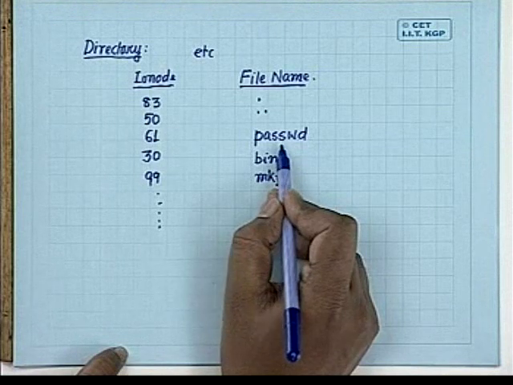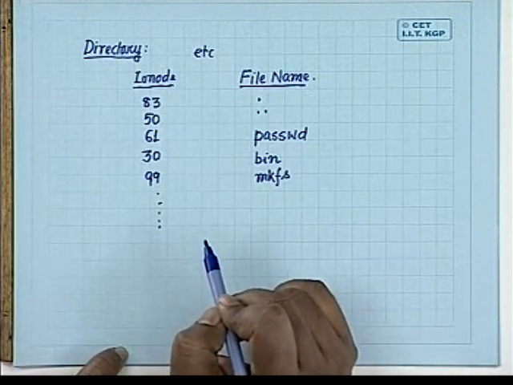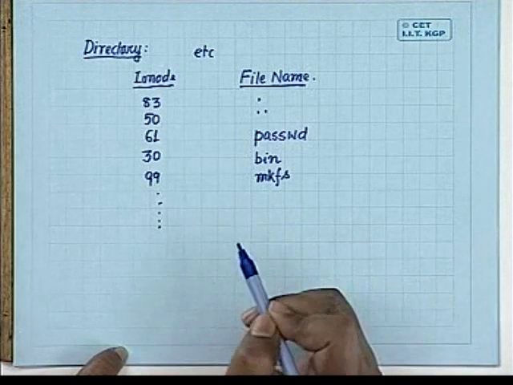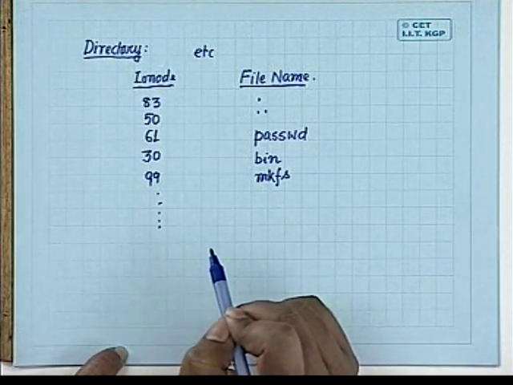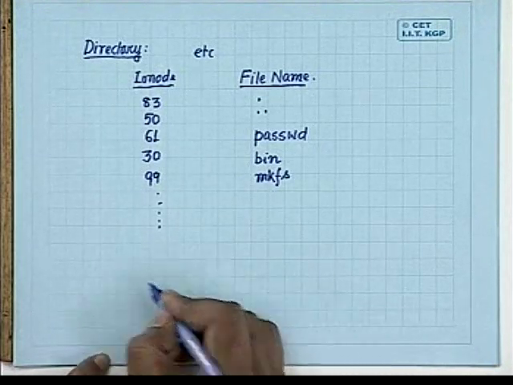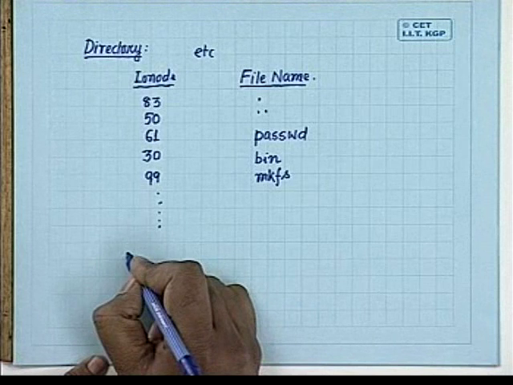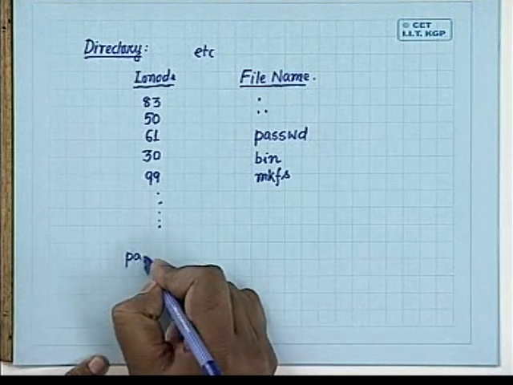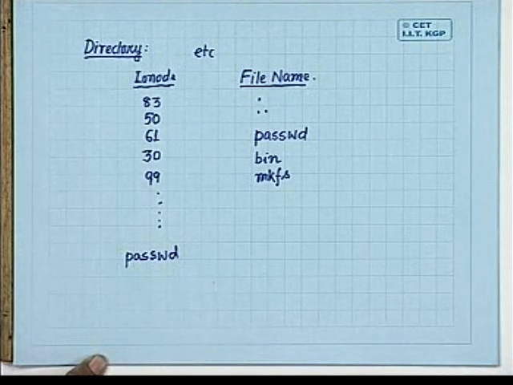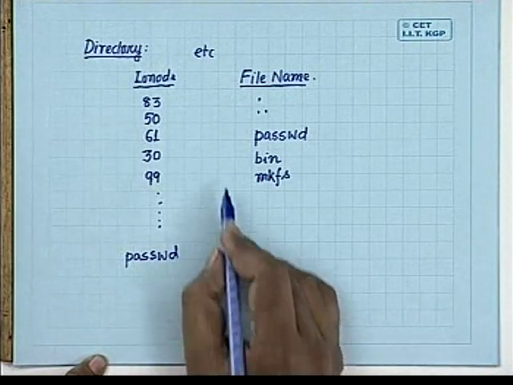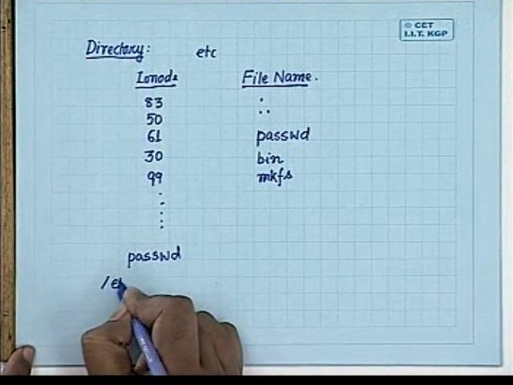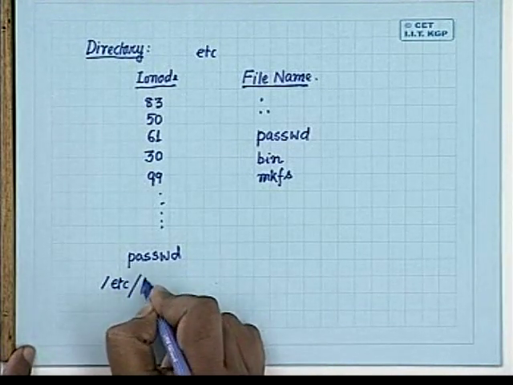So whenever we want to open a file using an open system call, though we use it as a function, it is nothing but a system call. Sometimes we can give a file name as just password if the current directory is etc. Or we can also give the path name as /etc/password.